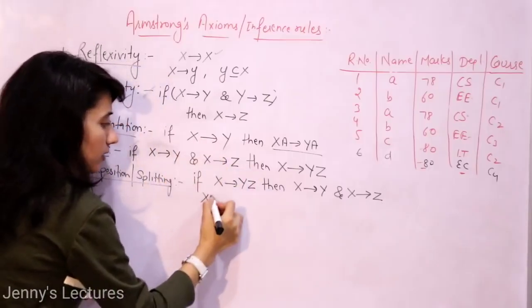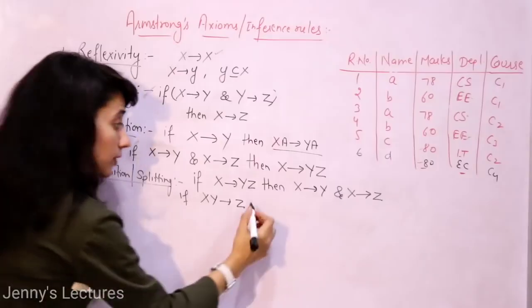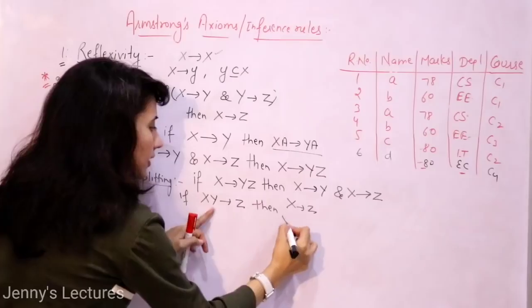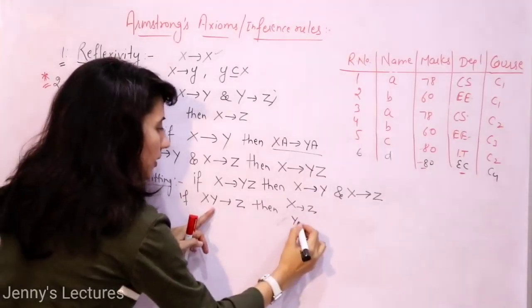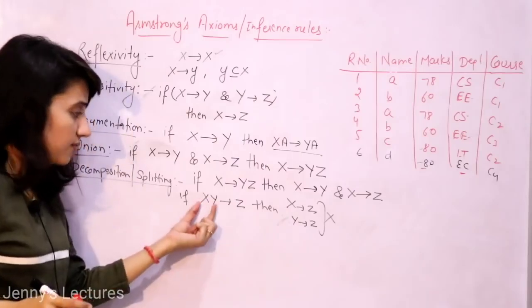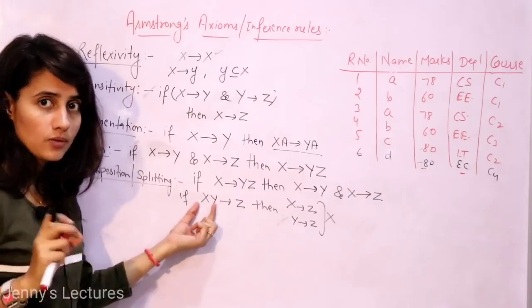But see, this is not true if I write xy determines z. Then you can't write x determines z and y determines z. No, you cannot split the left hand side, you cannot split the determinant, right?